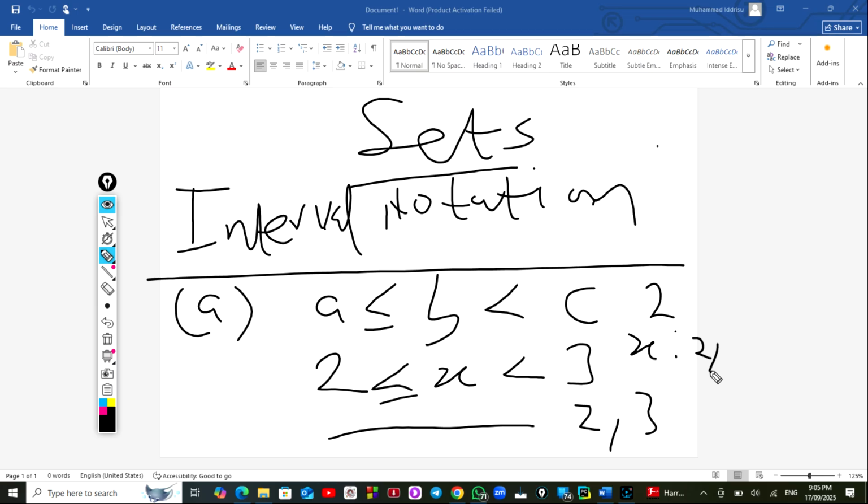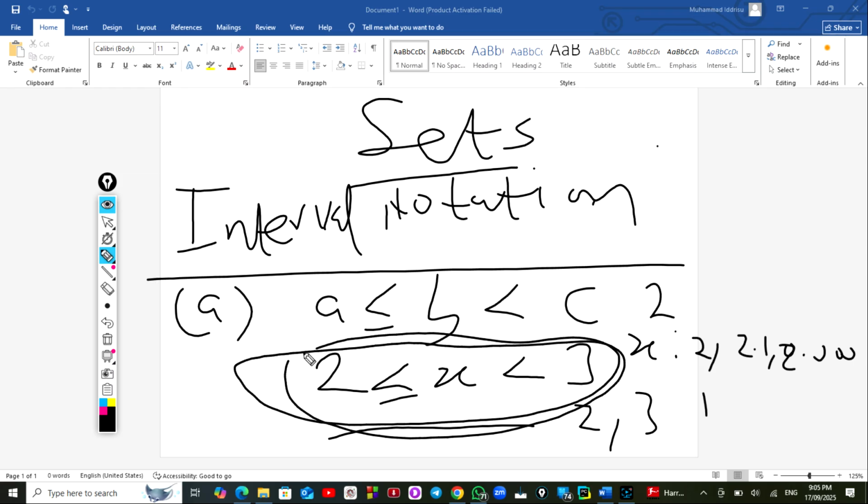That's the meaning. We don't have negatives, I mistakenly mentioned negative. So 2, 2.1, maybe 2.00001. If we were to list the elements in this set, we cannot do justice to listing them. So this is one important notation.